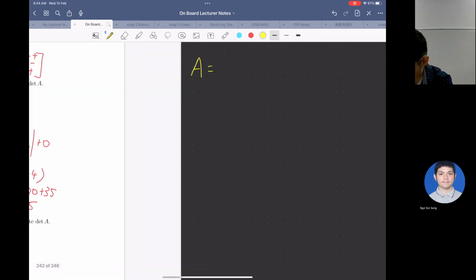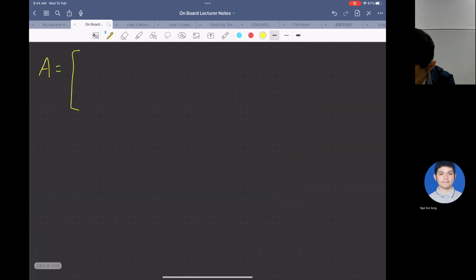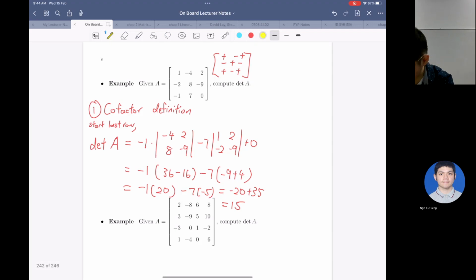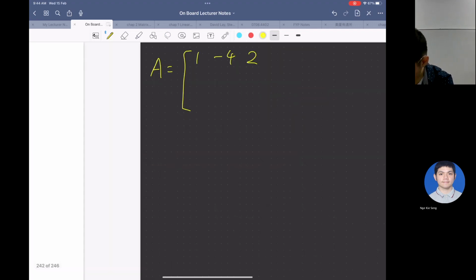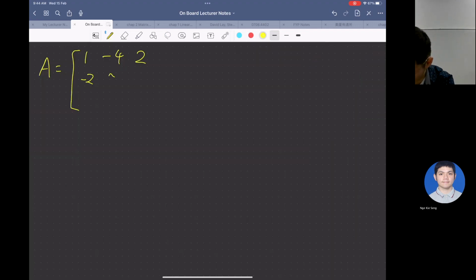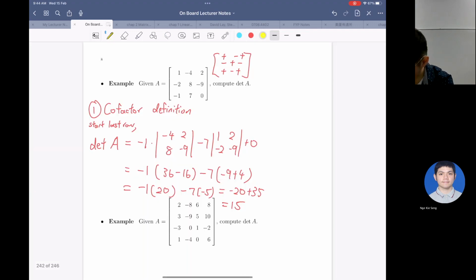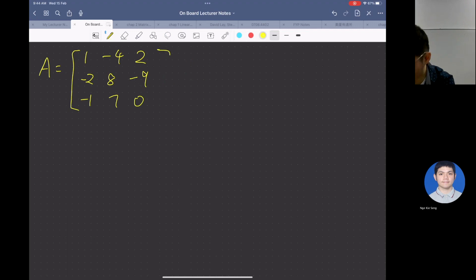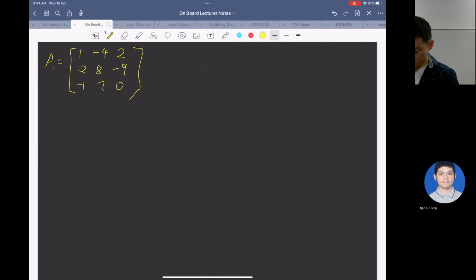A equals 1, -4, 2, 8, -9, 1, 7, 0. Let's introduce row reduction to compute the determinant of A, since we know the relation between the elementary matrix and the original matrix.